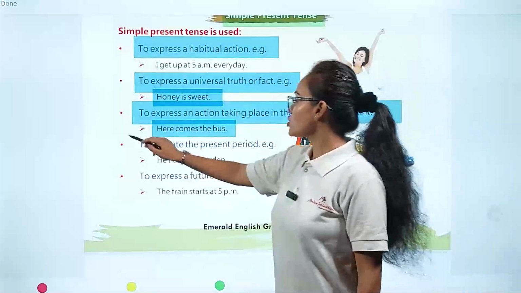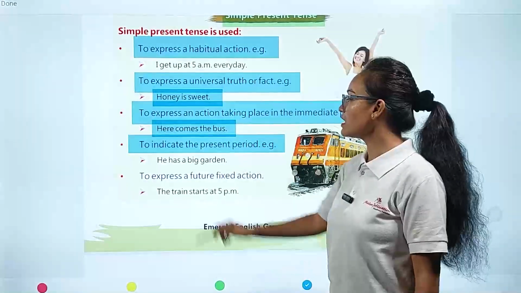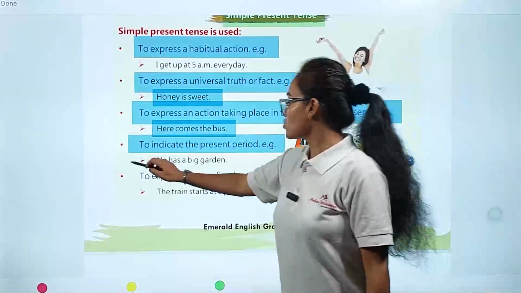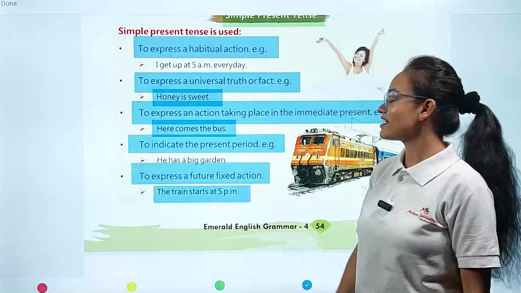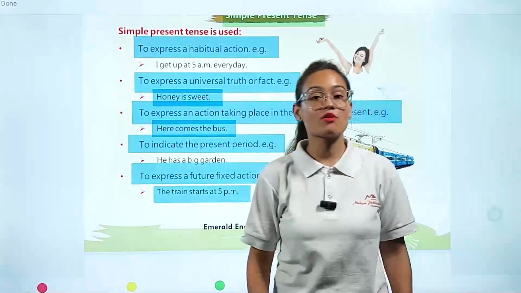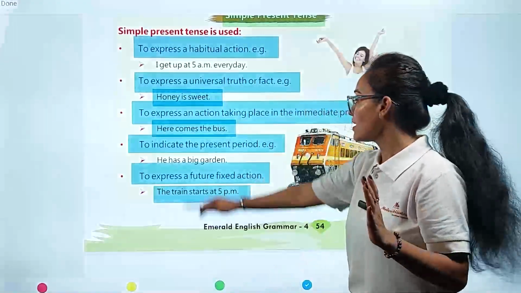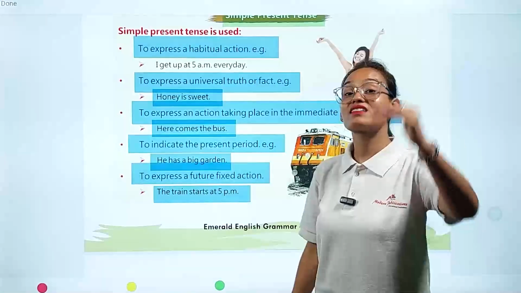Now the next, to indicate the present period. Example, he has a big garden. Wherever we are talking about the present thing which is in front of us, like he has a big garden, you can see with your own eyes that yes, he has a big garden.